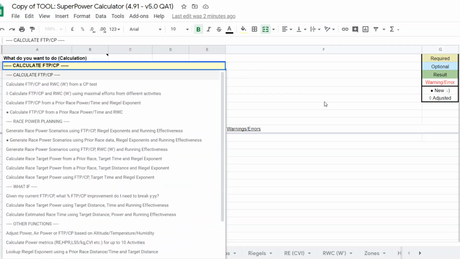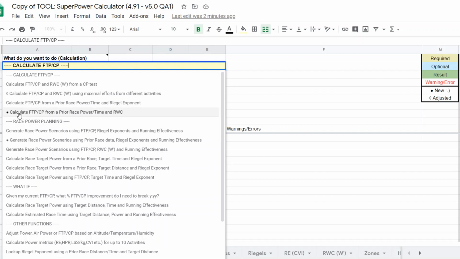So let me just go to it. What I want to do is start here, because as I drop down the selection box of the various calculators, now in version 5.0, there's a new calculator.